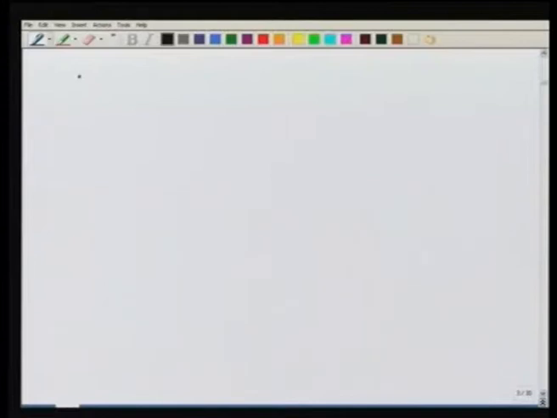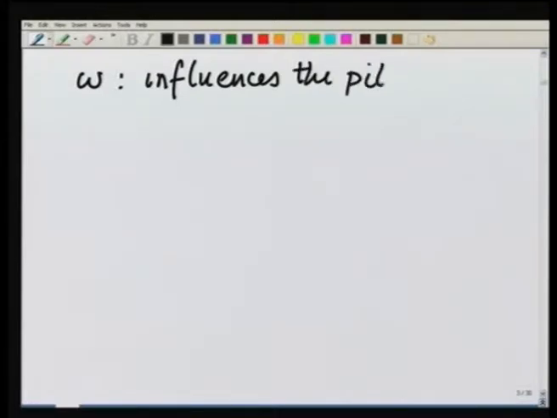Finally, omega influences the pitch, whose value is 2 pi divided by mod omega.